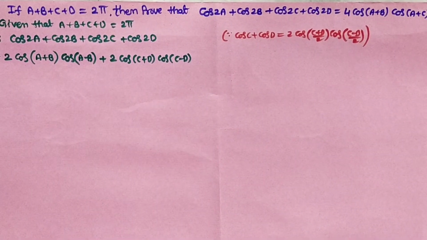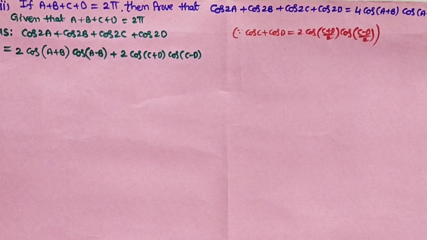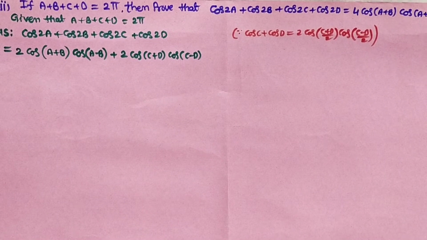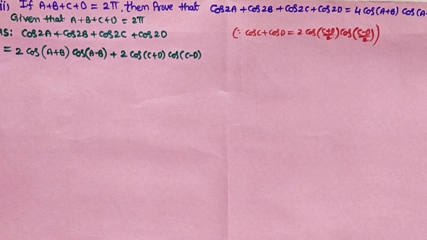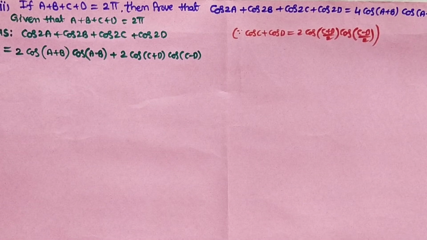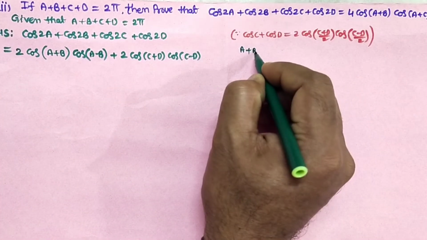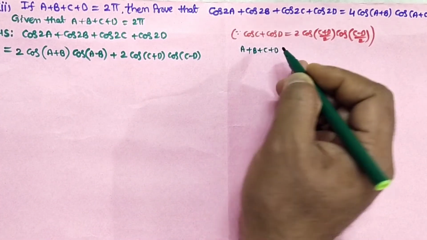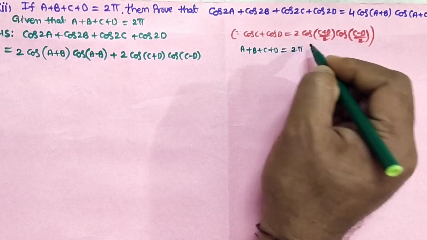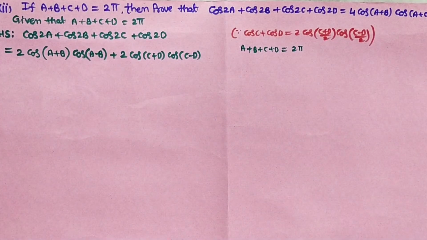After reaching this step, c plus d we have to write in terms of a plus b. See how we are going to write it now. a plus b plus c plus d is equal to 2 pi, so this is the given value.